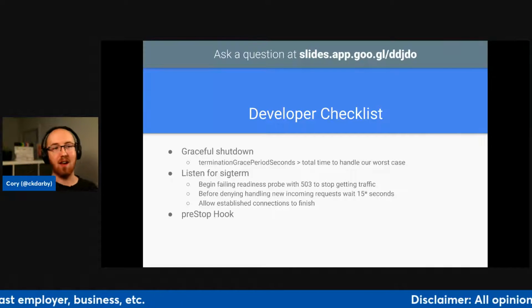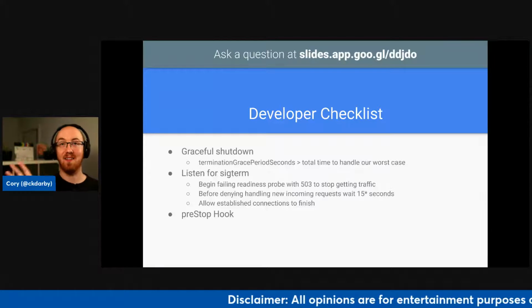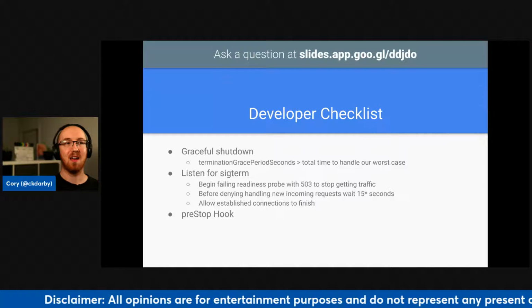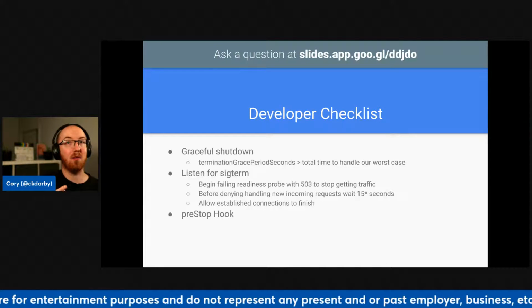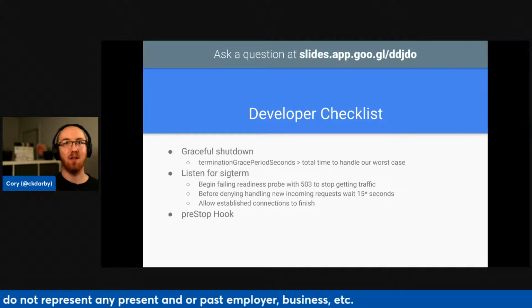Now, side note, if you're using something that you don't control, let's say it's an existing application that is in a container, there's a preStop hook. If it's an existing application where you can't change the code, you might not be able to have it listen for a SIGTERM signal.